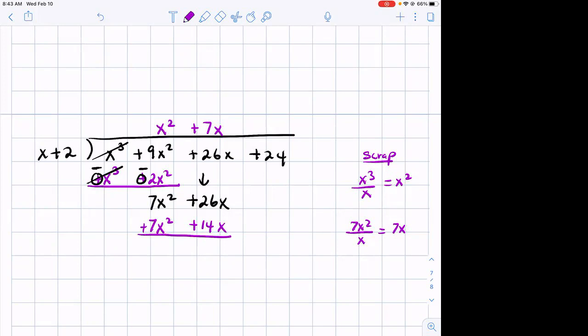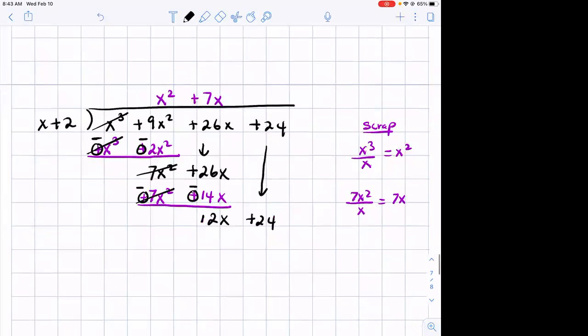As a reminder, you have to change the sign. So that's a minus, that's a minus. So 26x minus 14x becomes positive 12x. And the plus 7x squared and the minus 7x squared cancel out. As soon as you finish, you bring down.